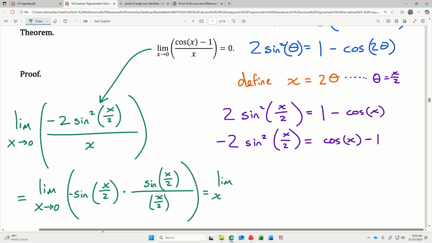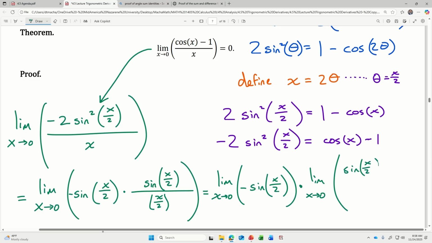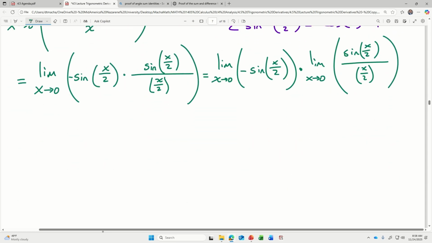So again, we're taking the limit as x approaches 0. And I'm going to go ahead and split this limit, because I'm allowed to split two limits where I'm multiplying them. All right, we're finally able to do this, I think.